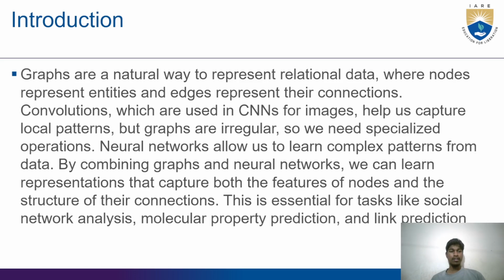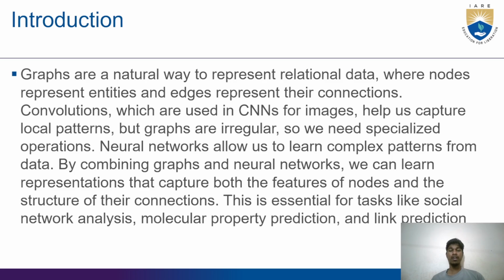Introduction. Graphs are a natural way to represent relational data, where nodes represent entities and edges represent the connections. Convolutions, which are used in CNNs for images, help us capture local patterns, but graphs are irregular, so we need specialized operations.